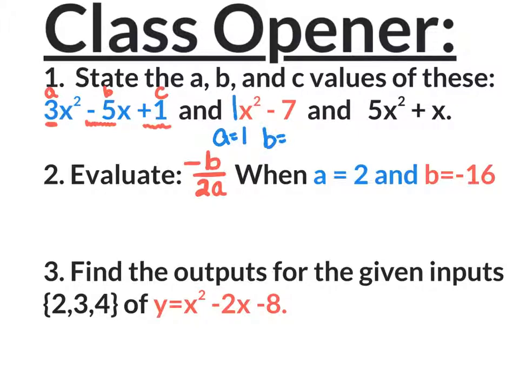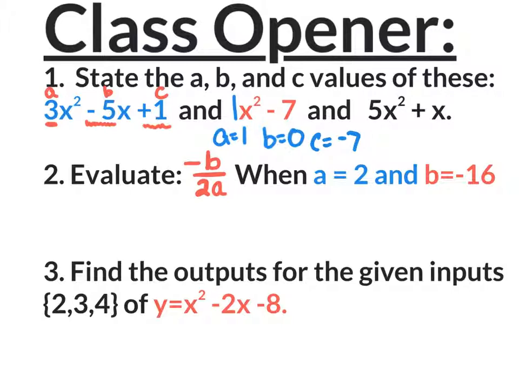What's the b value? 0. Why 0? Because b is the number in front of x, and obviously there is no regular x. There's an x squared, but that's an ax squared. There is no regular x, so there's a 0 because there are no x's. And how about the c value? C value is negative 7. Perfect. So that's your a, b, and c for that quadratic binomial, the red one.